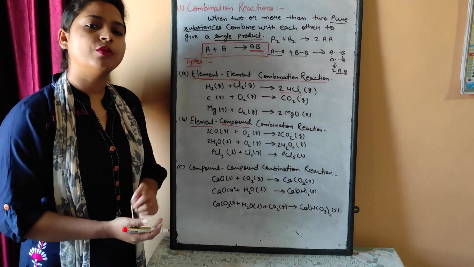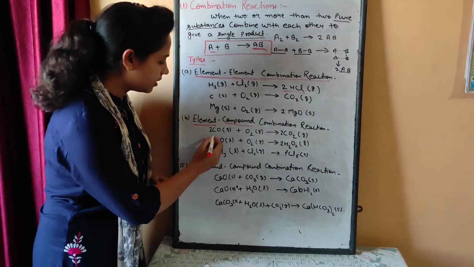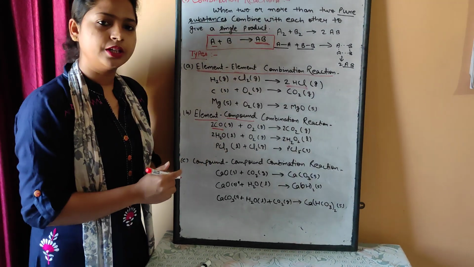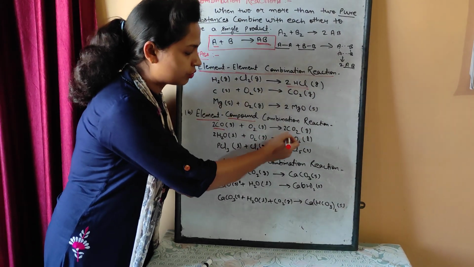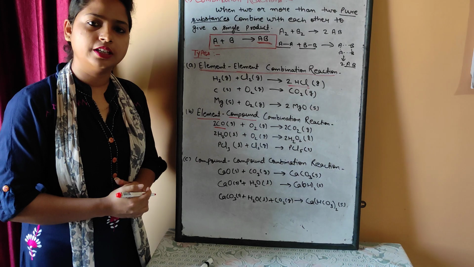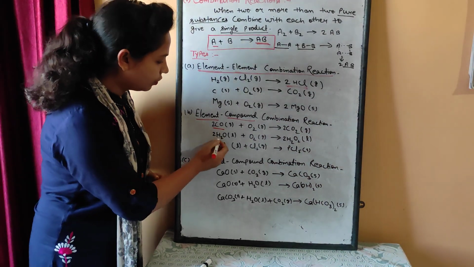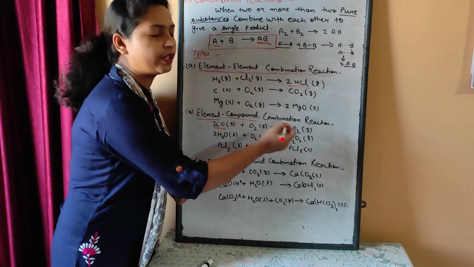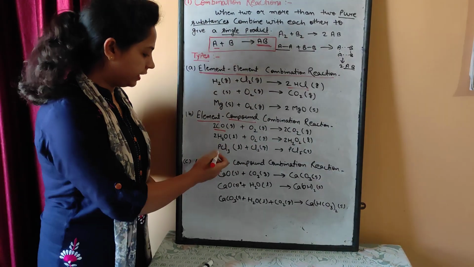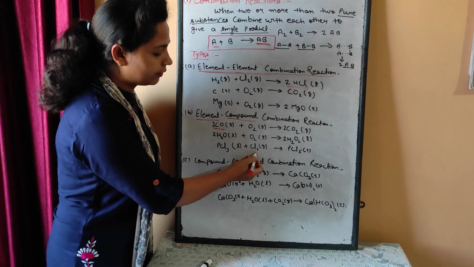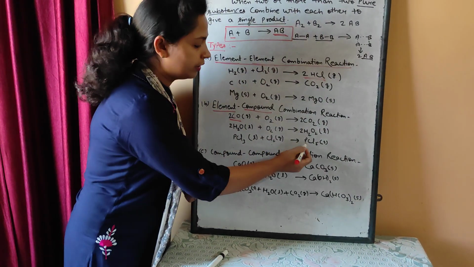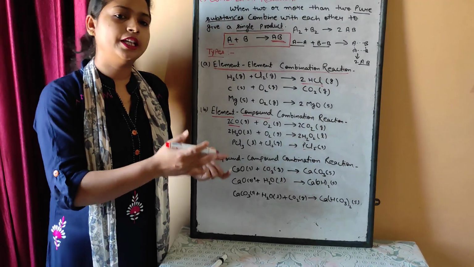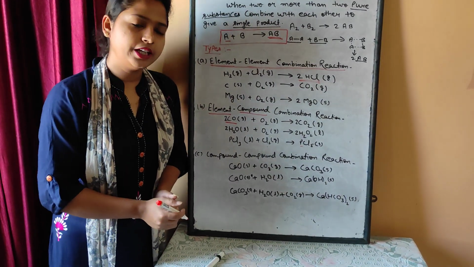Very first is CO, that is carbon monoxide, plus oxygen gives rise to CO2, carbon dioxide. Clear? Similarly, water plus oxygen gives rise to hydrogen peroxide, H2O2. Then PCl3 reacts with chlorine to give rise to PCl5. You can write some more examples of element-compound combination reaction.